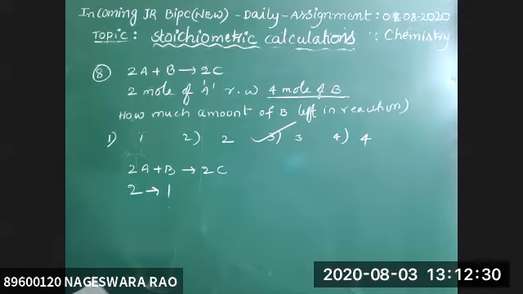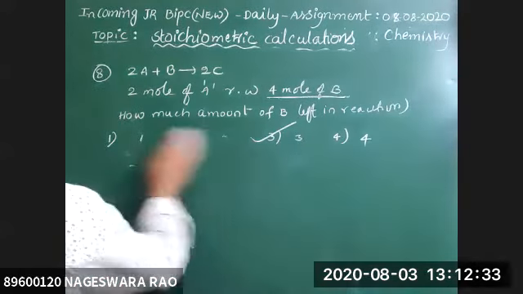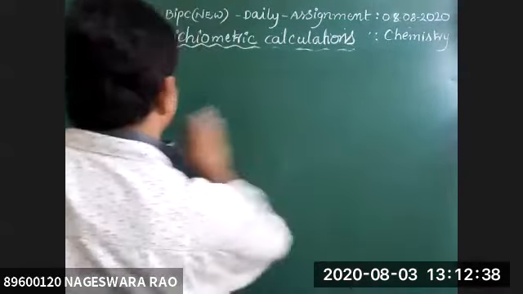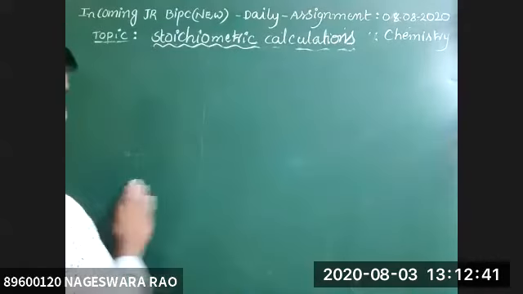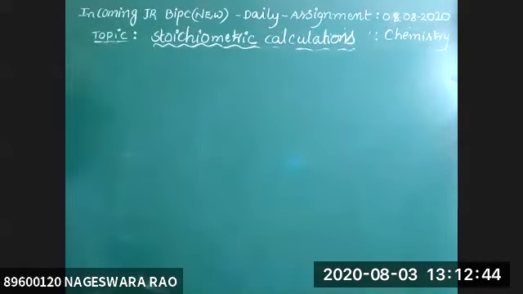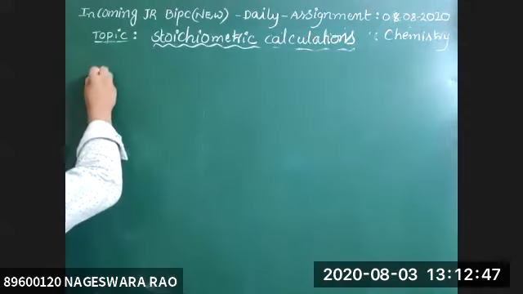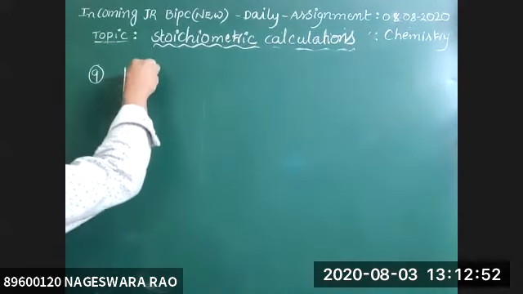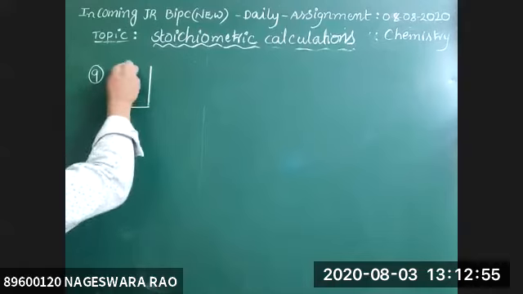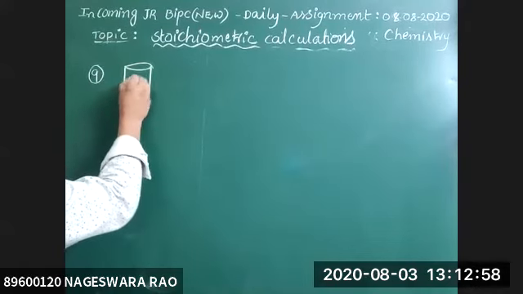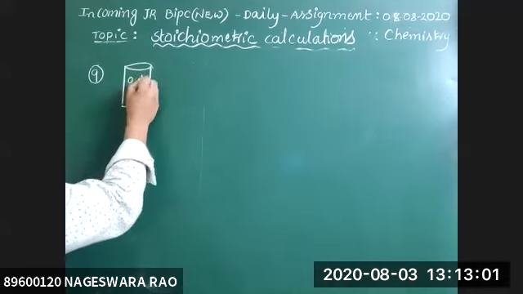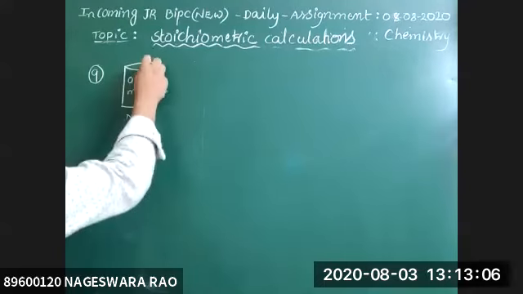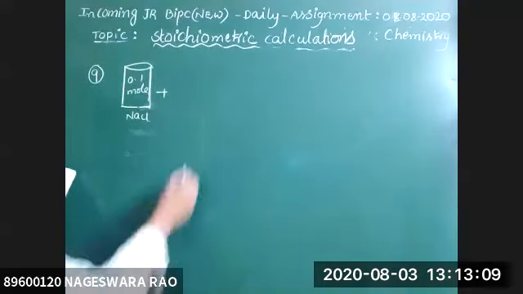Question number 9. One beaker contains 0.1 mole of NaCl.